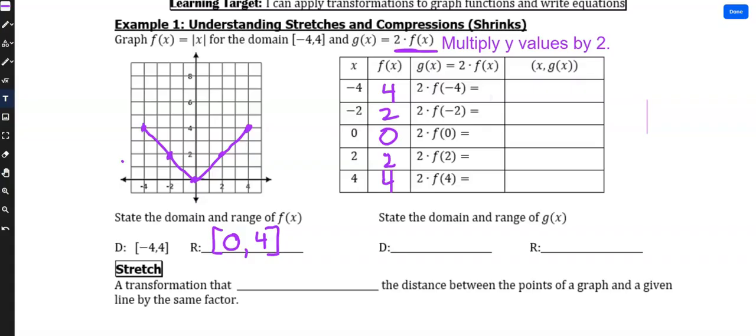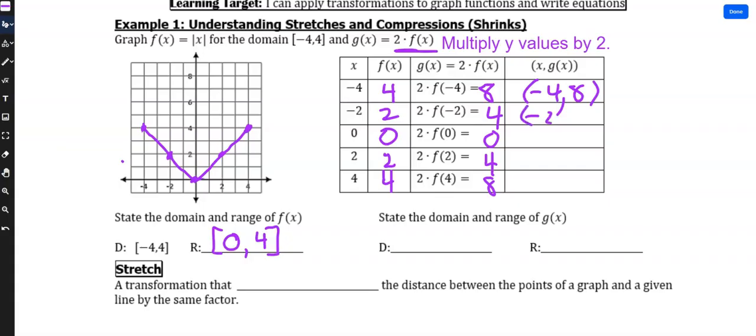So, obviously, we would have 8 and 4 and 0 and 4 and 8. So the original x value was -4, but the new y value is 8.